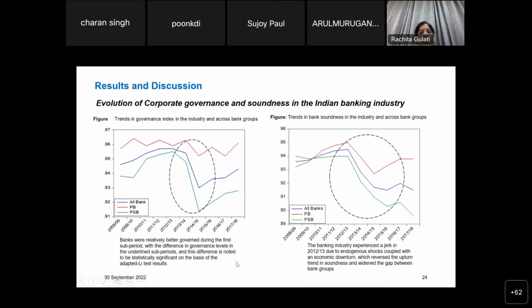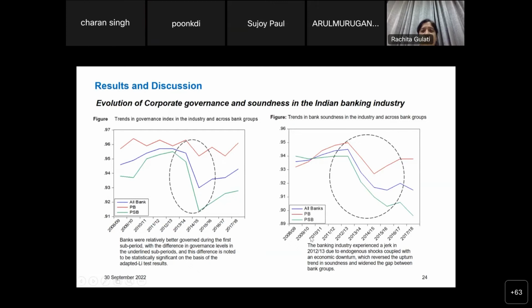However, in the more recent years with the adoption of the new guidelines, the compliance by the banks has improved, and the governance standards have initiated showing an upward trend.